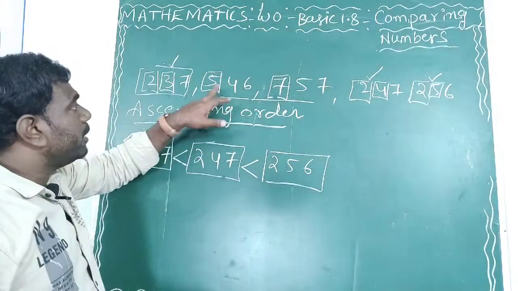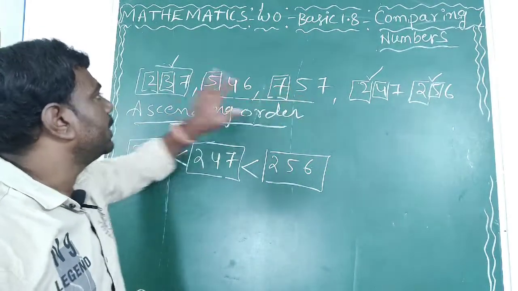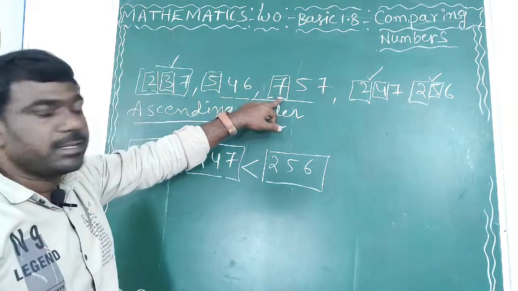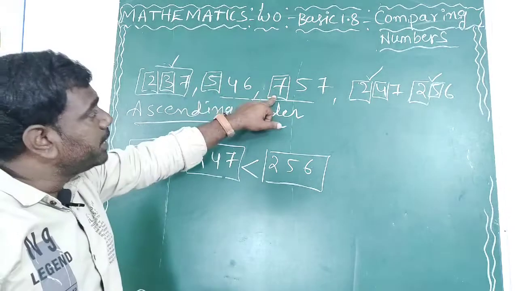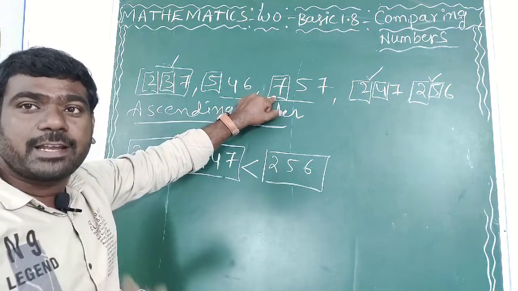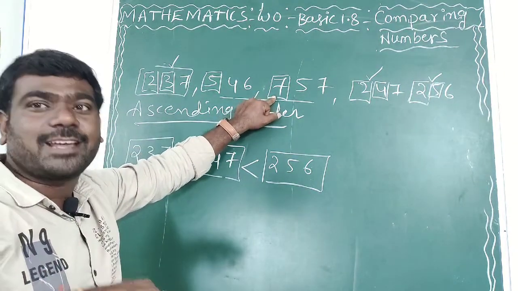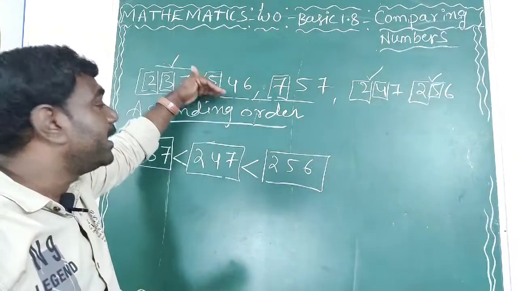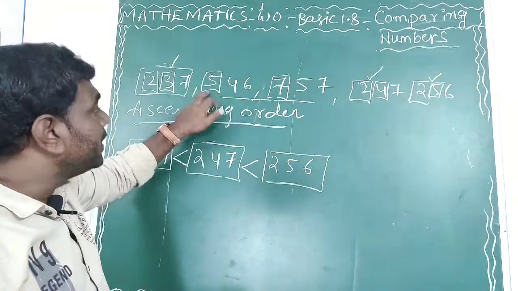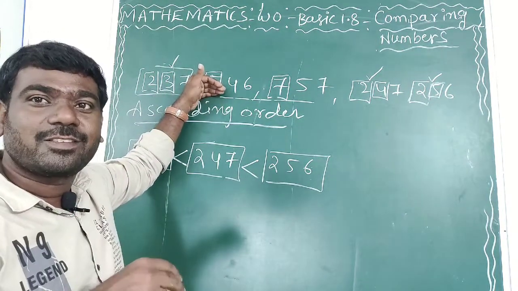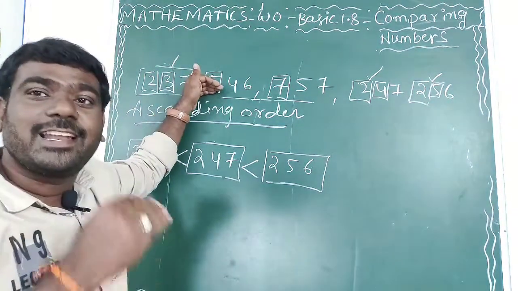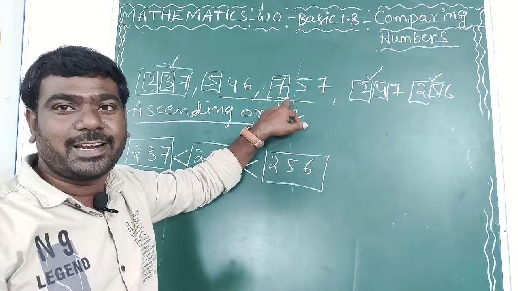Okay, 546 and 757. Here 5 is there, here 7 is there. The place value of 5 is 500 and of 7 is 700. Which is greater, 500 or 700? 700 is greater, so 500 is lesser than 700.